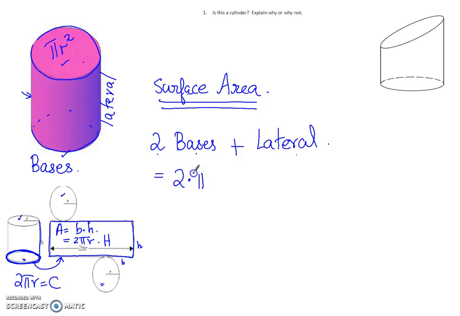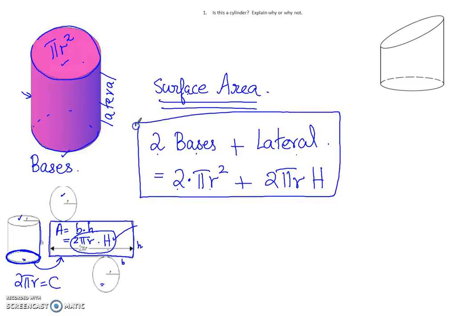So 2 times pi r squared, because we have two circles, plus the lateral area of this cylinder, which comes out to be 2 pi r h, because that shape is a rectangle and we found that to be the circumference times the height. So this is the surface area of a cylinder.